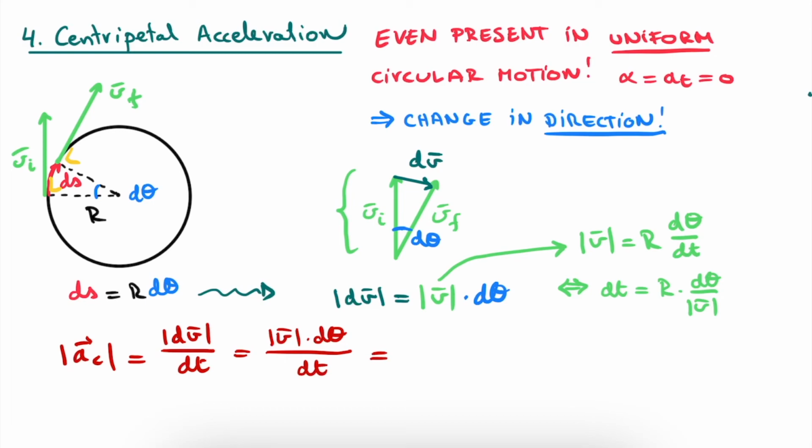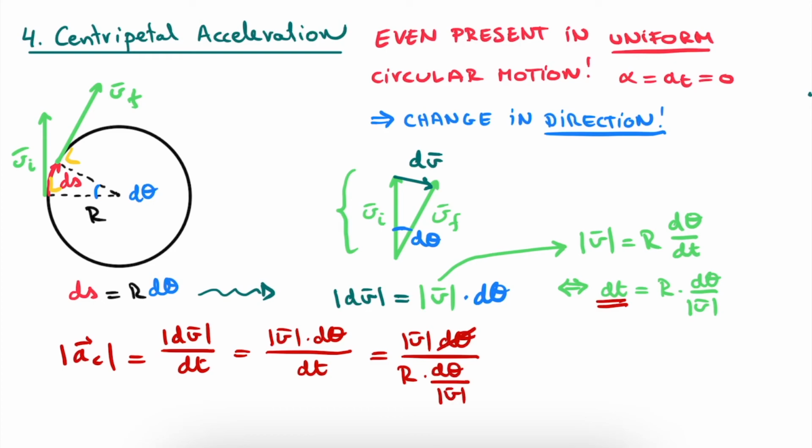And what we will do now is use this relation of dt as a function of these terms right here. We simply copy the magnitude of v multiplied by d theta, the change in angle, and we divide this by r multiplied by d theta divided by the magnitude of v, which is simply this side right here.